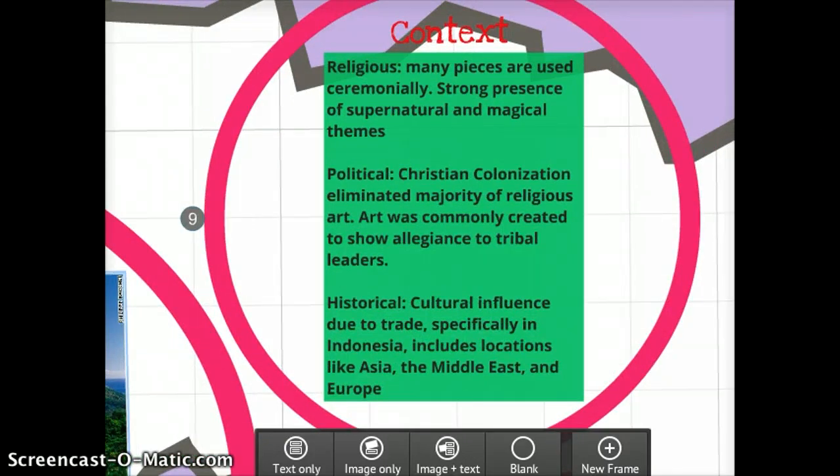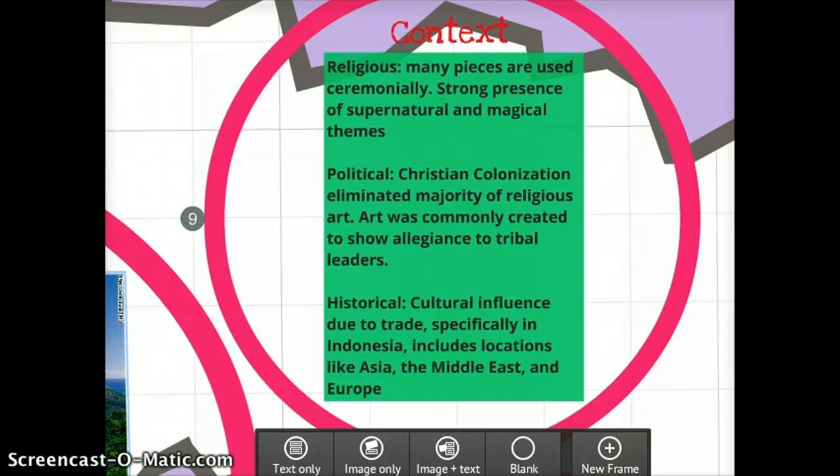So the context for these pieces, many of these pieces have sort of a supernatural or magical element, and that is because many of the religions in this area of the world have kind of a magical or supernatural focus. Politically, you are going to see a change in themes once these regions are colonized. You'll see less of this kind of supernatural art and more secular art.